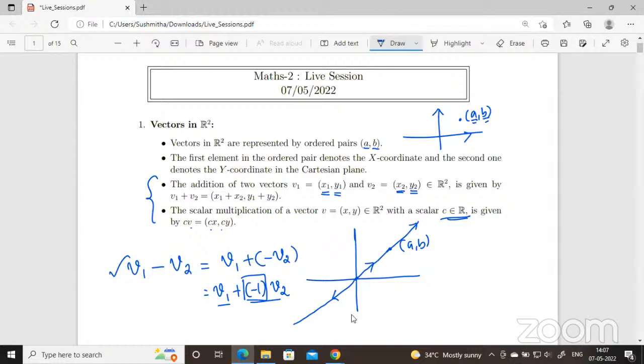Hello, madam. Are point and vector the same? Do you mean if this point (a, b) and the vector (a, b) are the same? Yes. The elements of R2 are just called vectors.